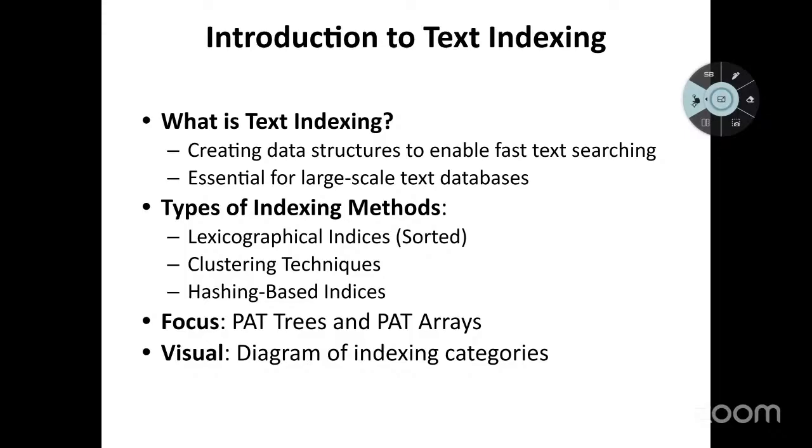But if it is crossing the limit, maybe 10,000 or 20,000 or beyond our expectation, you need a keyword which is easy for you to search for the particular document. So in that case, you are going for text index. Okay. So first we arrange, then we go for searching.